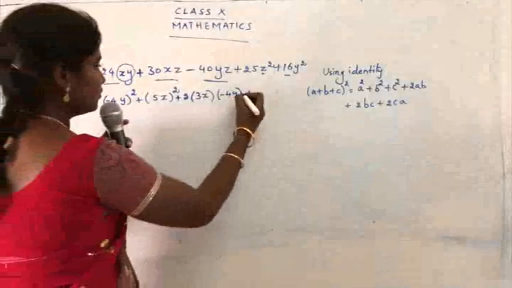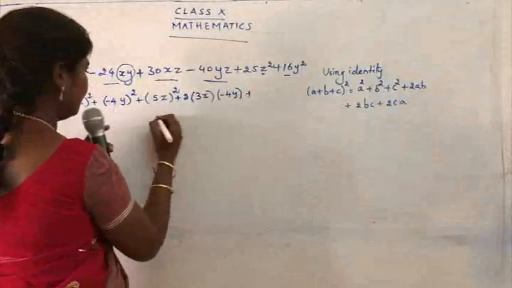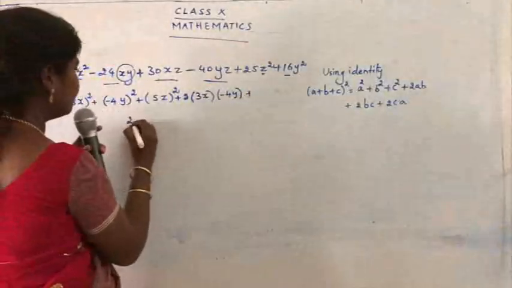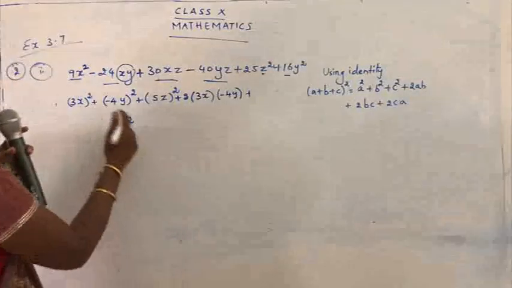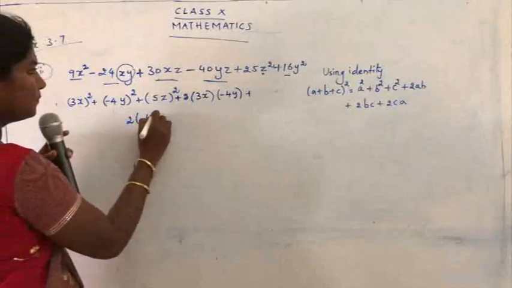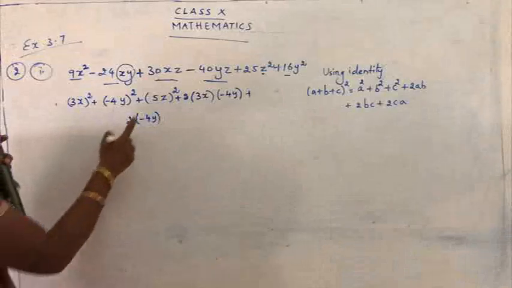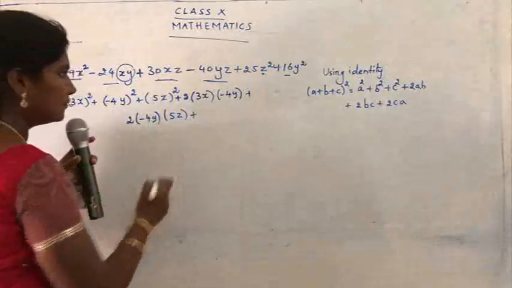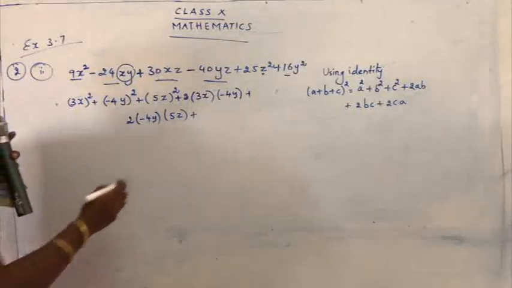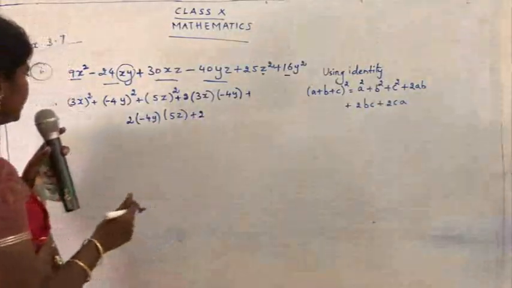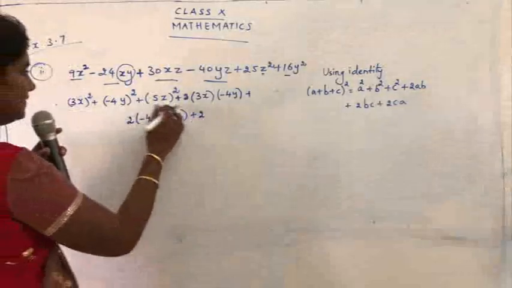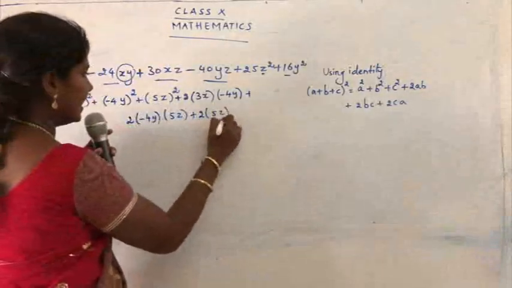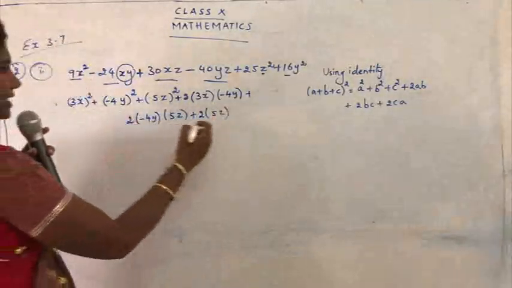Just write here plus 2b. What is b, children? It's minus 4y. What's c? It's 5z. Done. Coming to the last term, 2ca. What's c? It's 5z. What is a? It's 3x.